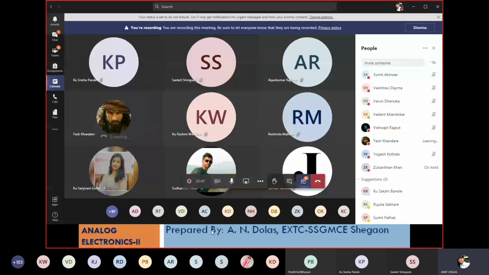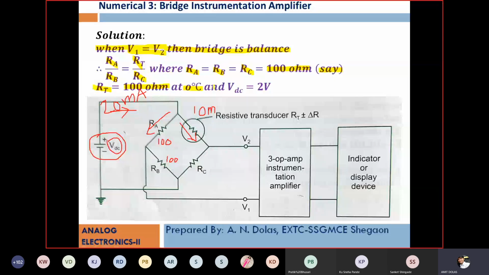So here RA is equal to RB is equal to RC, which we took as 100 ohm, because RT is 100 ohm at 0 degree centigrade and VDC is 2 volt. 200 multiplied by 10 milliampere is 2 volt. That's why VDC is chosen as 2 volt here.